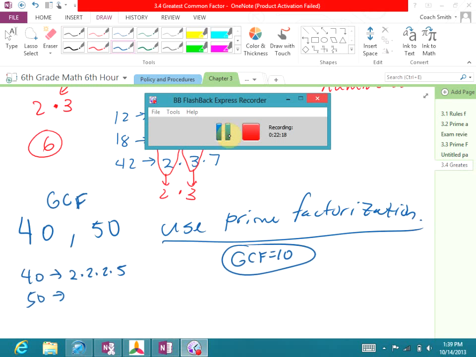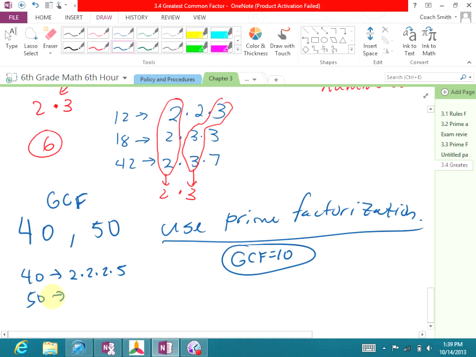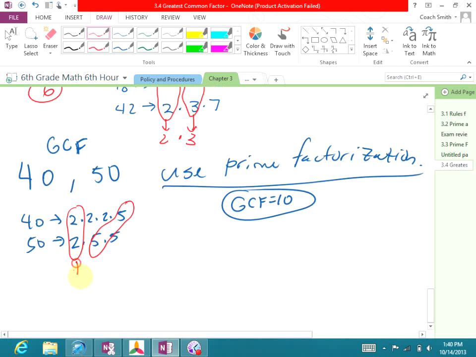Prime factorization of 40 was 2 times 2 times 2 times 5. Prime factorization of 50 is 2 times 5 times 5. Now, if we circle those common prime factors, you get this right here. So then I bring down the 2, and I bring down the 5. 2 times 5, which is 10.